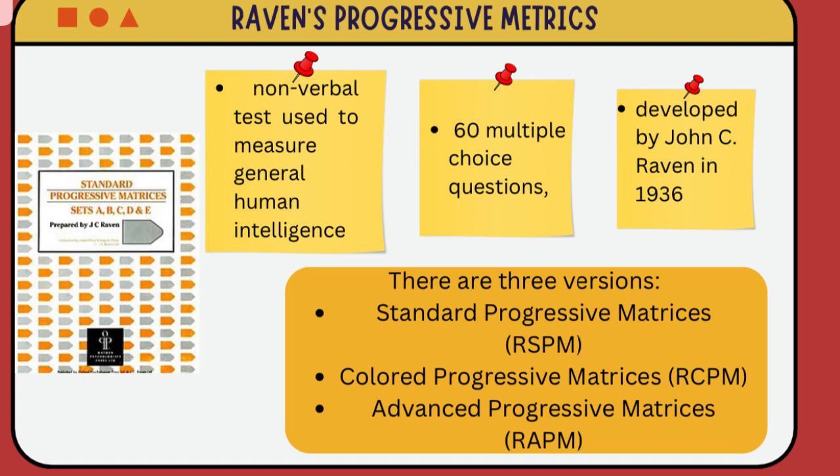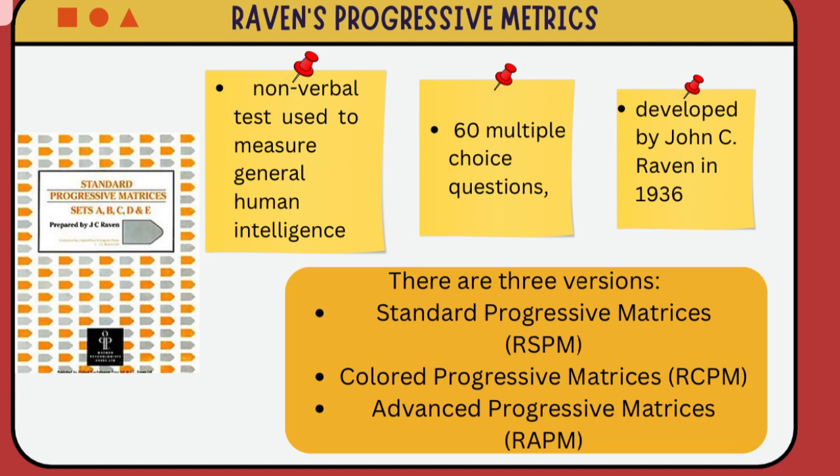As you can see on the slide, there is an image on the left side. This image is the cover of a test booklet that Raven himself wrote. Raven's progressive matrix is a non-verbal test used to measure general human intelligence.